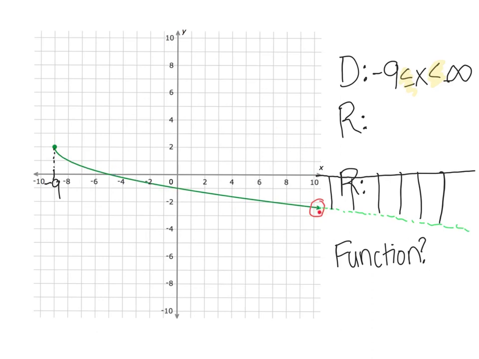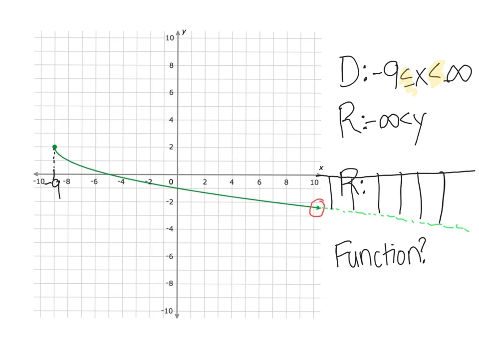But remember, it continues on and on forever. It's going to keep getting lower and lower and not stop. And so since it goes lower and lower forever, we say negative infinity. Then since it's an infinity, we just write less than, or y.